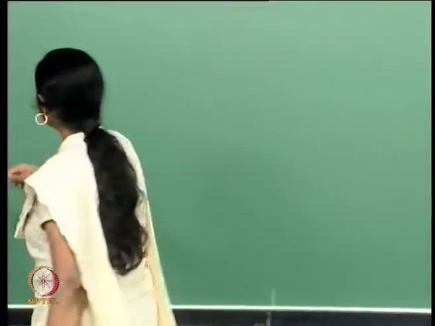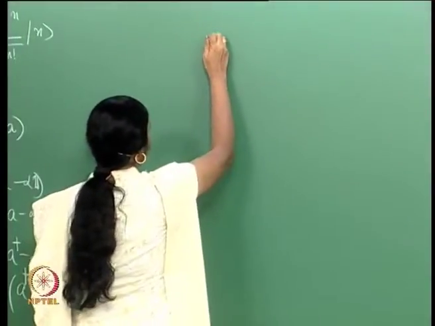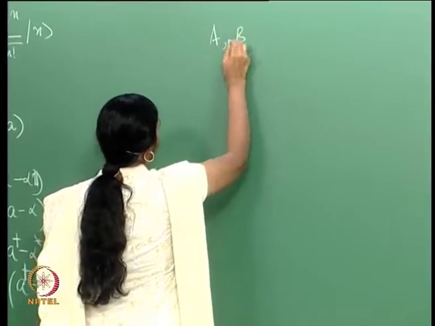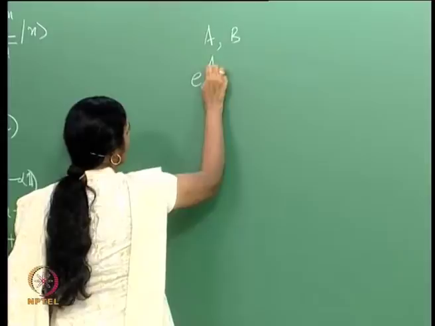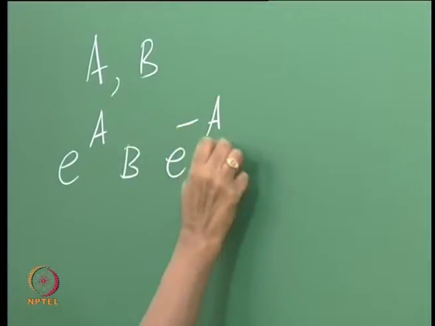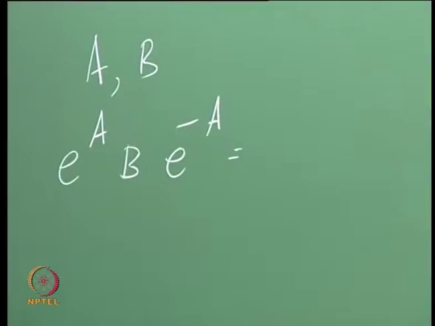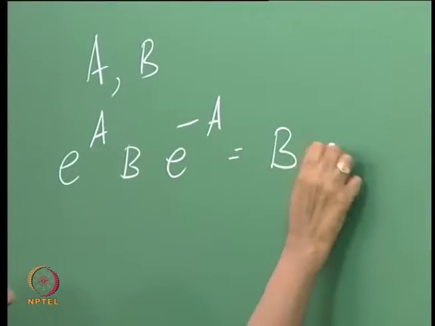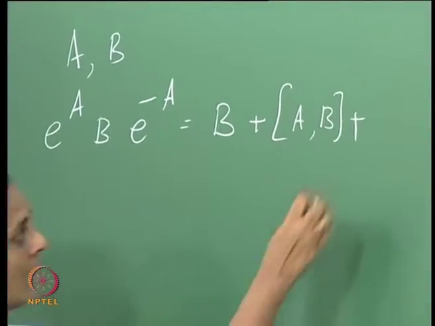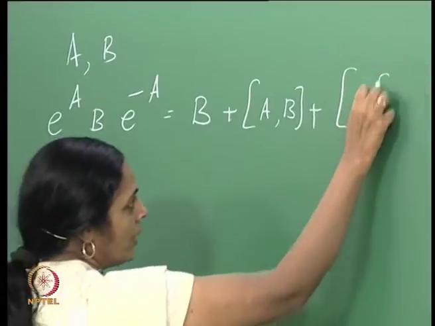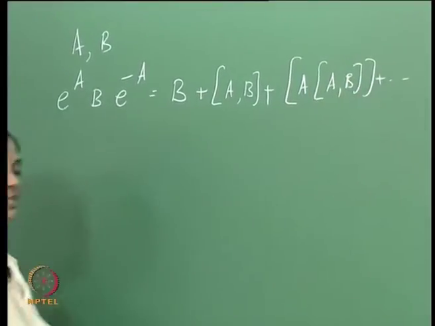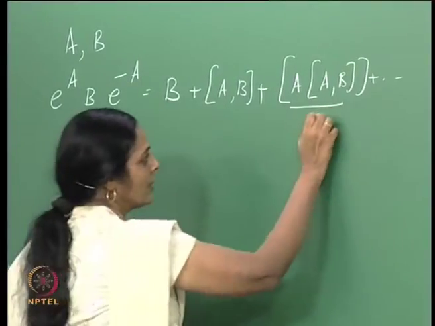It says if you have an operator A and an operator B, then e to the A B e to the minus A is simply B plus the commutator of A with B plus the commutator of A with the commutator of A with B, divided by 2 factorial, plus so on.